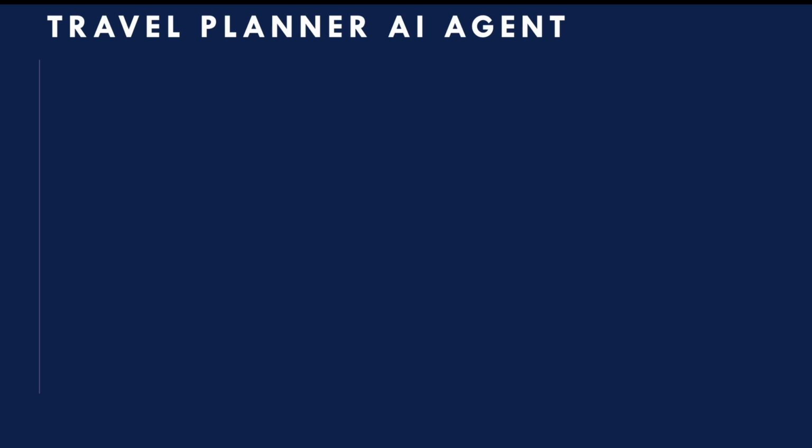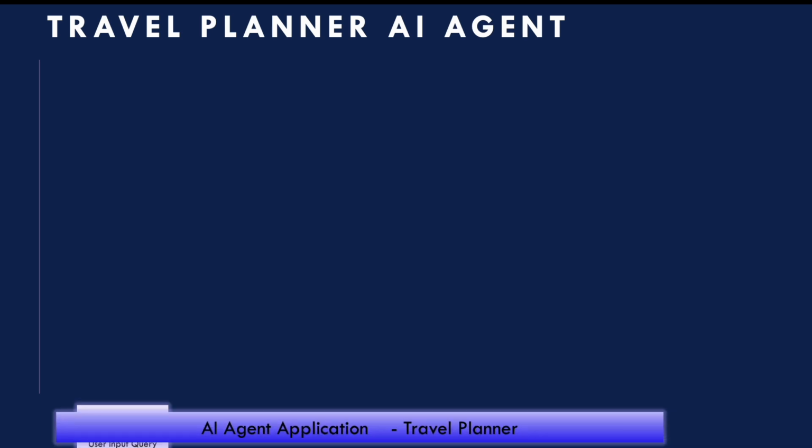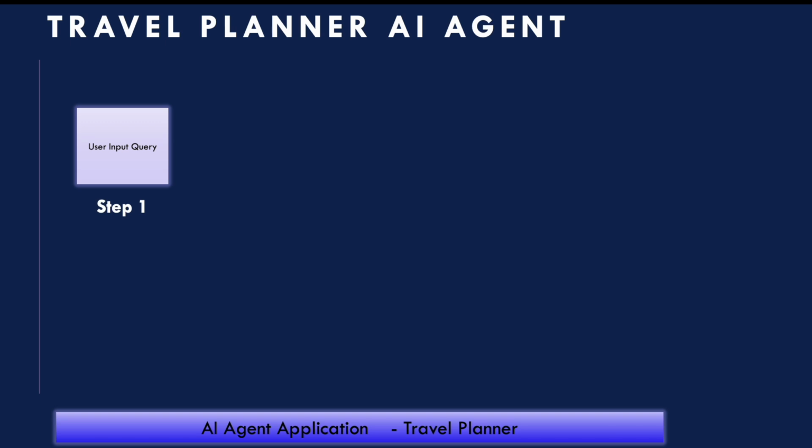Now let's see the use case of the travel planner AI agent. Before going into detail, here I'm going to ask the AI agent system how many days of leave I have in the year 2025, and to plan an itinerary for me.